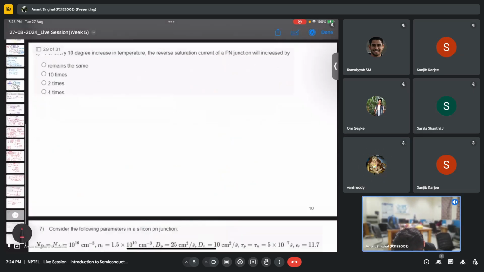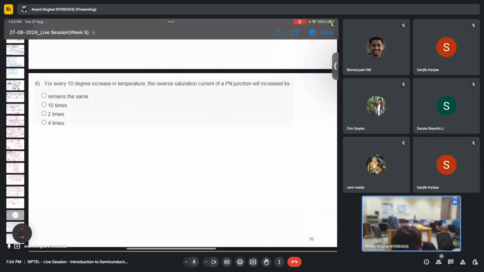Okay, so we can move forward then. This is more of a theoretical or derivational concept that for every 10-degree increase in the temperature, the reverse saturation current will increase by 2 times. I guess this derivation is already taught in the theoretical lectures, right?